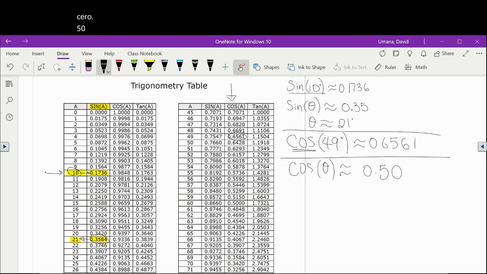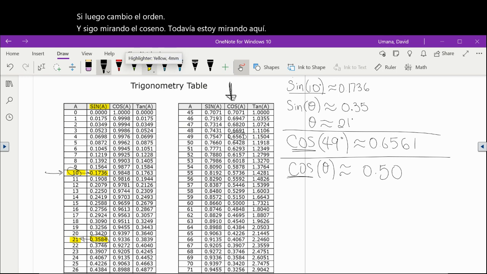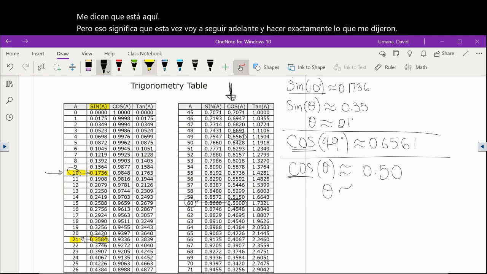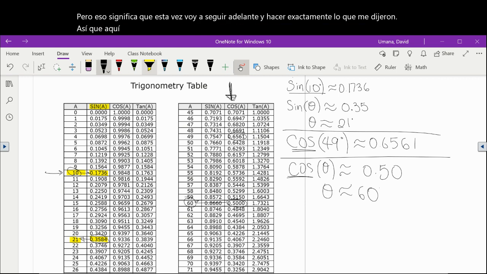If I then change the order and I'm still looking at the cosine, I'm still looking here, right? And so 0.5, I'm being told is here. But then that means this time I'm going to go ahead and do exactly what I was told. So here, theta is approximately 60 degrees.